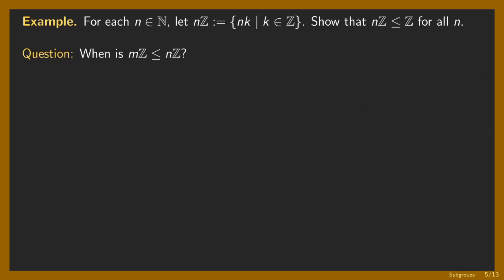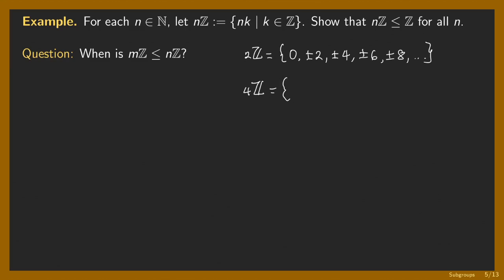I have a question here. So, for example, 2Z, 3Z, 4Z are all subgroups. For example, I can say that the elements of 2Z are actually 0, plus and minus 2, plus and minus 4. These are the multiples of 2, right? How about 4Z?